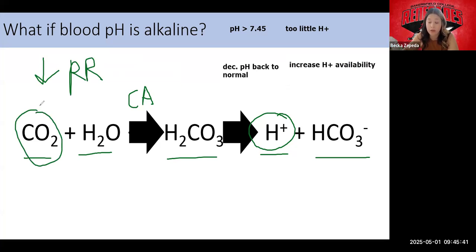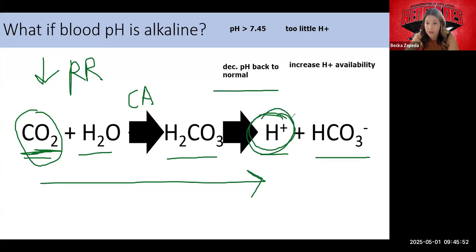We're not getting rid of that CO2 as fast. It forces this equation to the right, and then we make more of these hydrogen ions available, which is going to decrease our pH back to normal. So make sure you understand and know when it's appropriate for us to shift this equation to the right and shift it to the left.